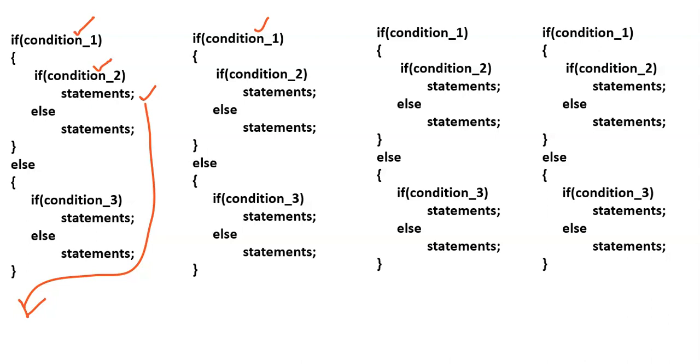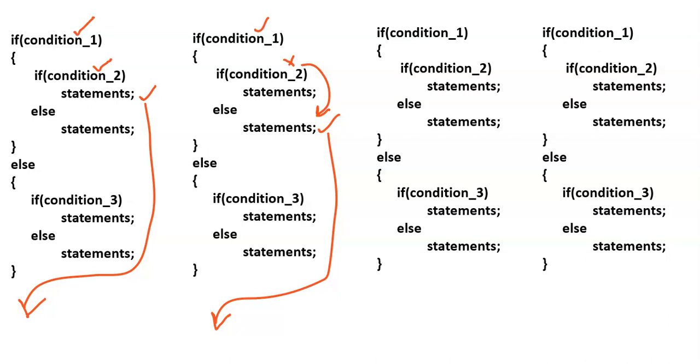In the inner if block, if the condition is false, then control enters into the else block. Then all the statements in the else block are executed and the control comes out of the nested if else statement, and the remaining statements after the nested if else are executed.